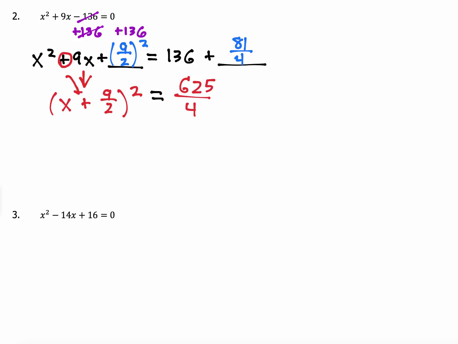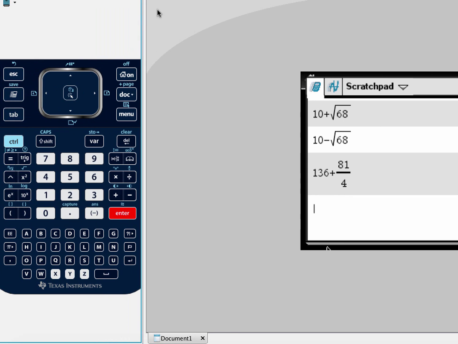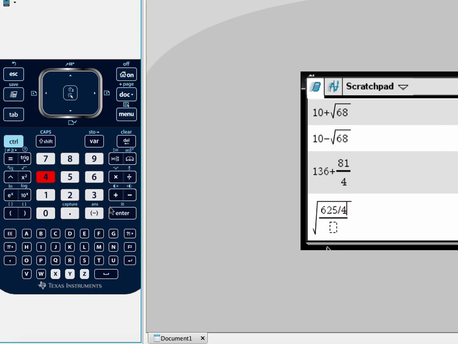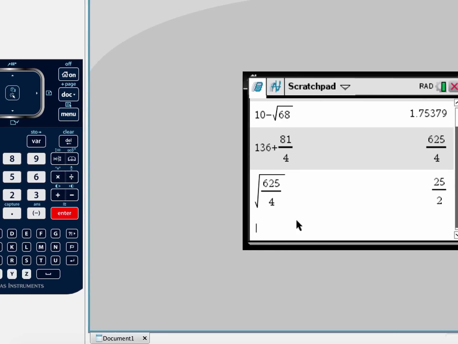Okay, now we can take the square root of both sides since we have this in factored form. So square root sign here, square root sign here, and we won't forget the plus or minus. So this gives us x plus 9 halves equals plus or minus, let's do that on the calculator, the square root of 625 fourths is going to be 25 halves.